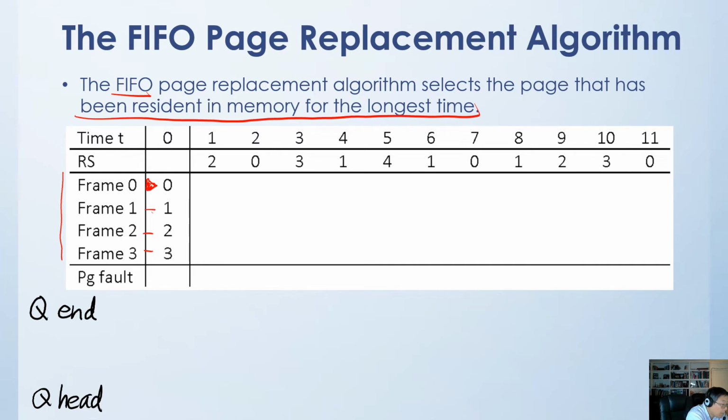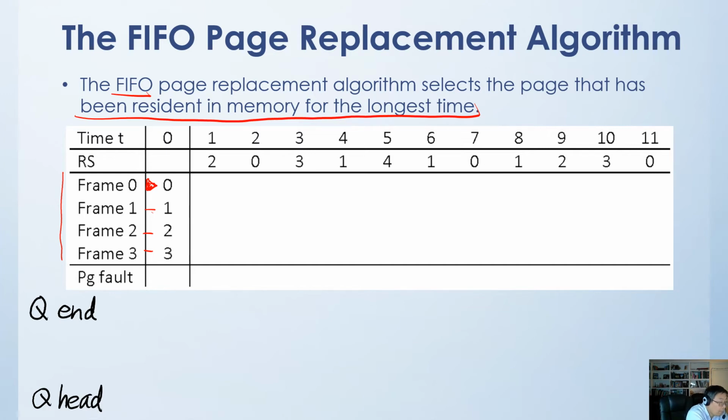So page 0 has been resident in the memory for the longest time, and then page 1, page 2, page 3. Let's check out how this FIFO page replacement algorithm works.